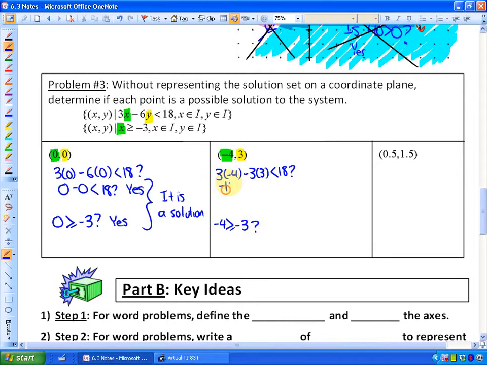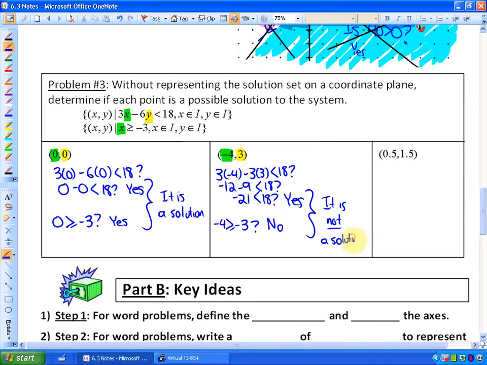Okay, so for the first one, it's negative 12 minus 9 less than 18, or in other words, is negative 21 less than 18. That answer is yes. For the second one, negative 4 is not greater than negative 3. It's actually less than negative 3. So the answer is no. So because one of them is a no, it is not a solution.